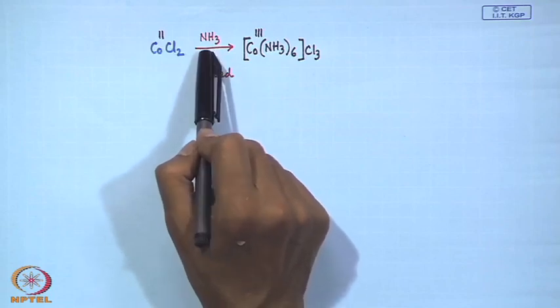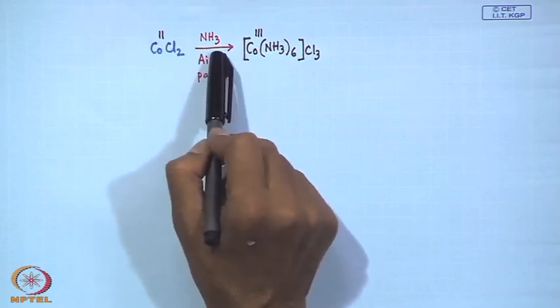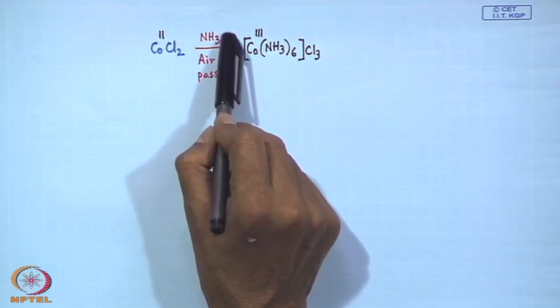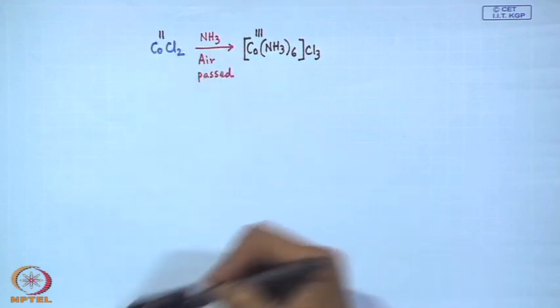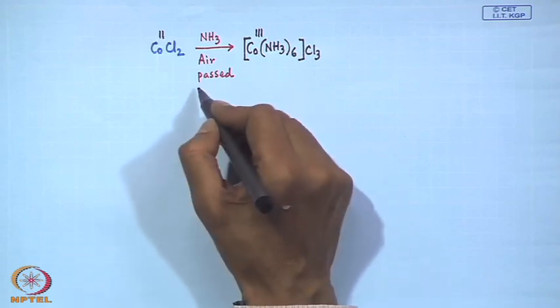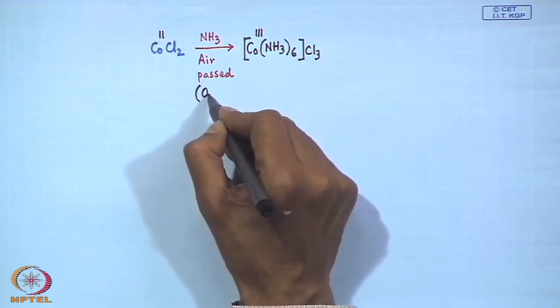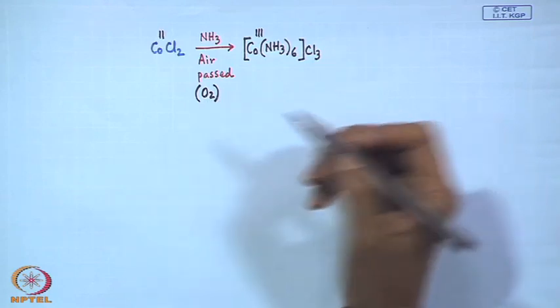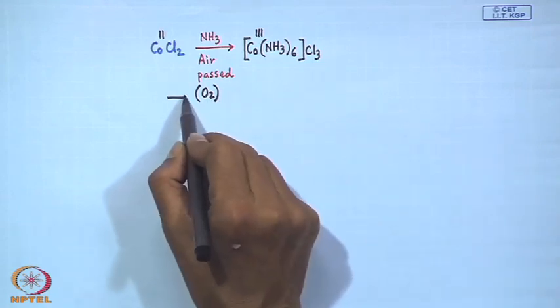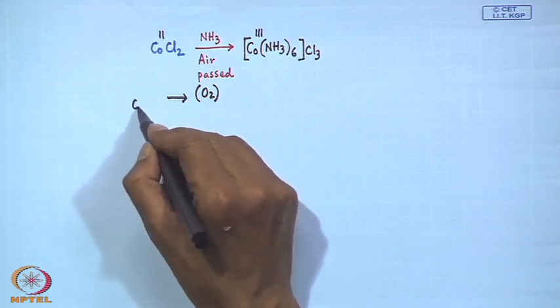And in presence of ammonia, we change the surroundings from water to ammonia and we pass air. Passing air is nothing but passing the oxygen present in air, which is a typical oxidant.